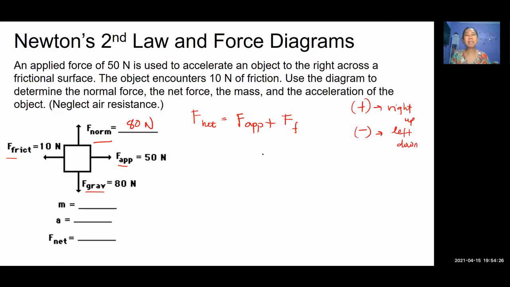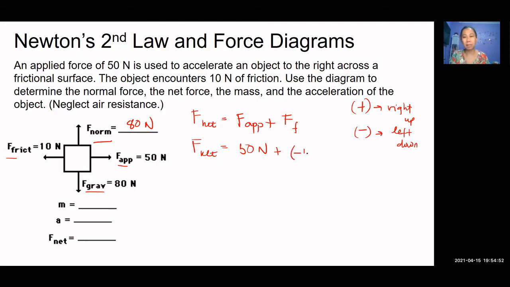Okay? So in this case, add na natin yung mga forces natin. So yung sa net force natin, ang applied force natin is 50 newtons. So since yung 50 newtons natin, it's moving to the right, so that means positive ito. So gagamitin natin positive 50. And then yung sa friction force natin, this is going to the left. So kung left siya, ibig sabihin negative yung sign na gagamitin natin.